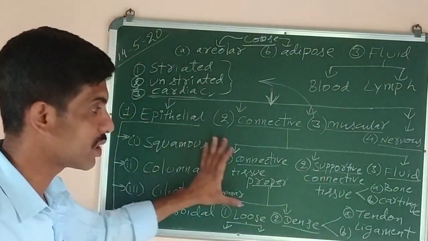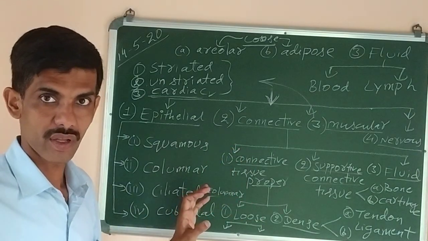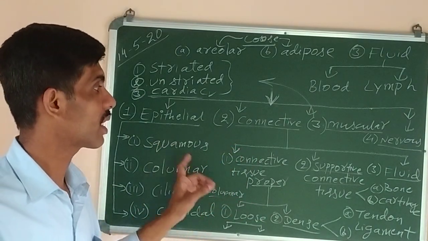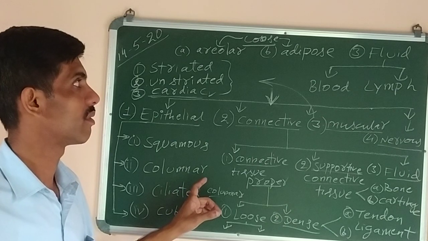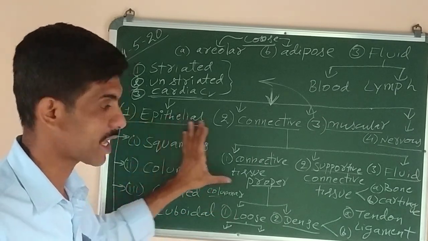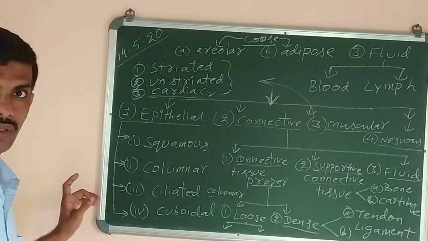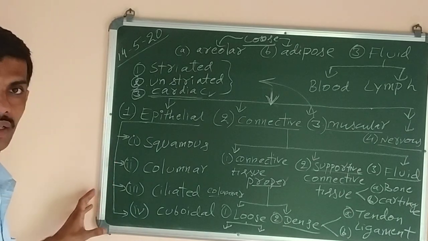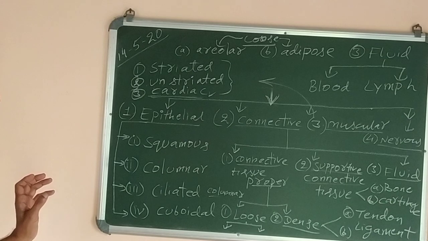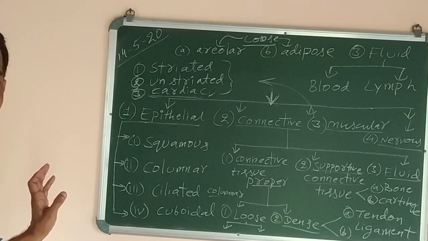So you can write this one in your copy as homework. I will give the question. Draw the classification chart of animal tissue. So this is the classification chart you have to draw. Okay, so have a look at it. You can pause your video and write it for some time. Got it?